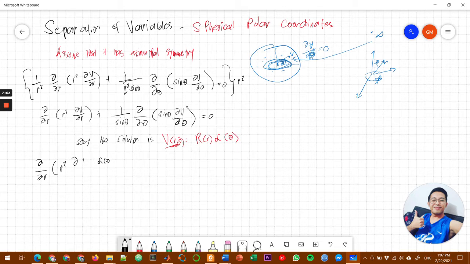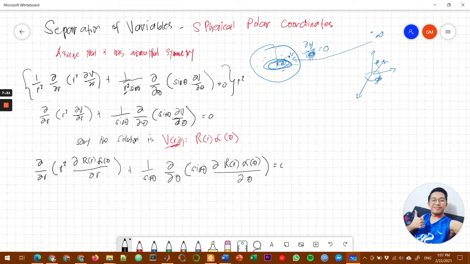This is R of r over r plus 1 over sine theta, partial of theta, quantity sine theta, partial of R, alpha of theta, derivative with respect to theta. And then this is equated to 0.